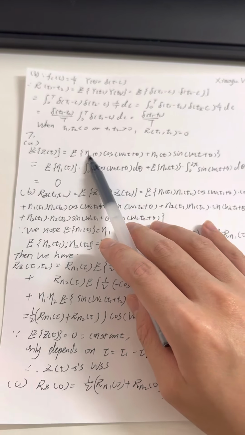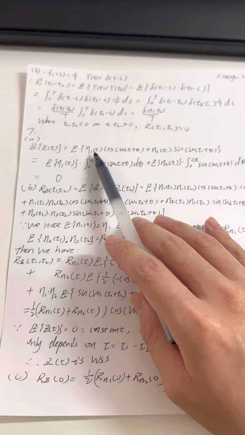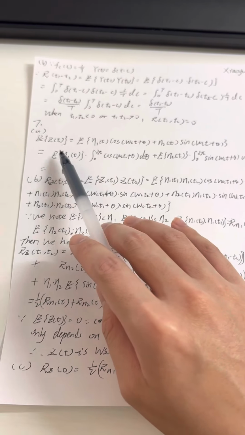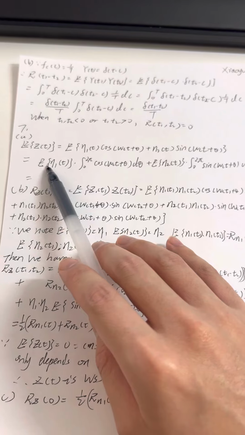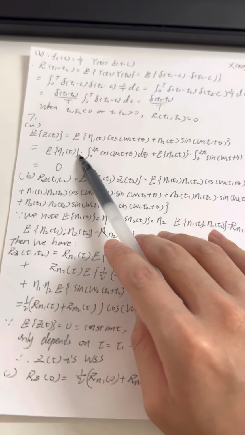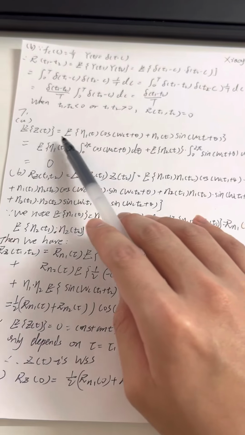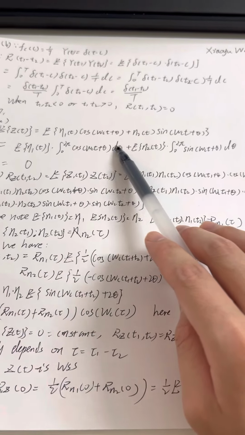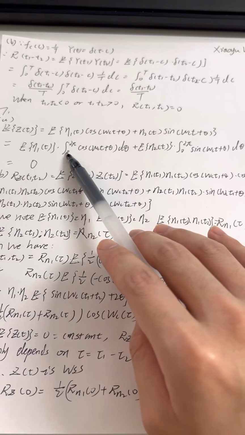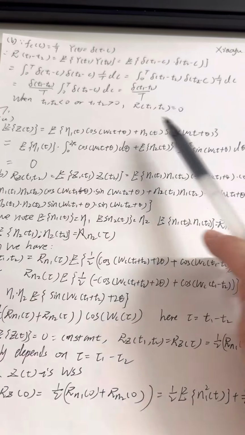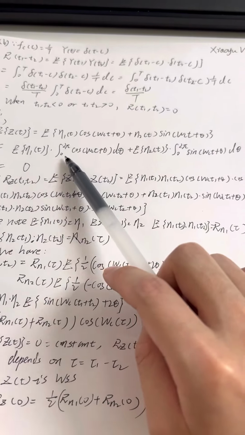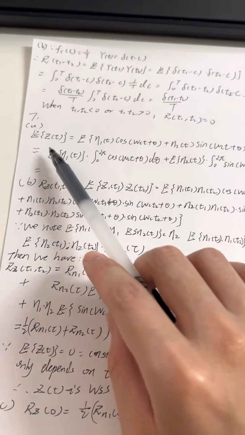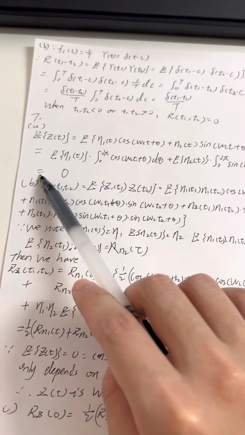Because we already know that N1, N2, and theta are independent, we can write the function like this and calculate the expectations independently. Here we easily know that for the triangle functions, the integral from 0 to 2 pi is 0, and also this is 0. So finally, the result of the first sub-question is 0.